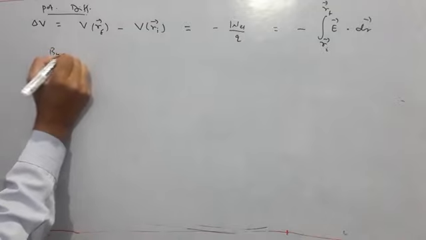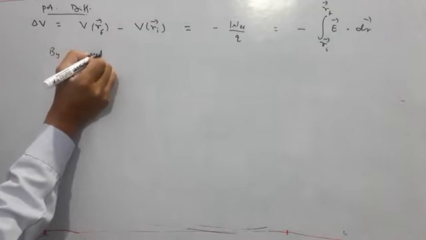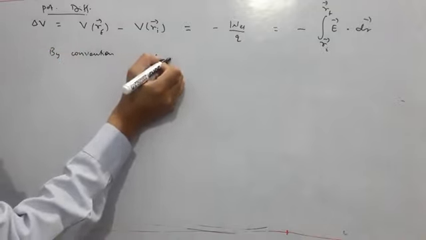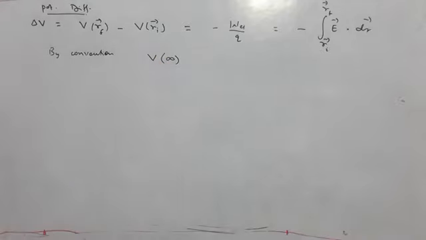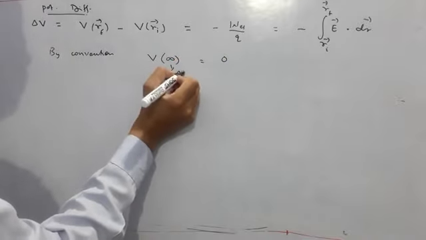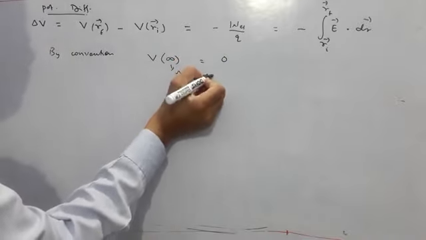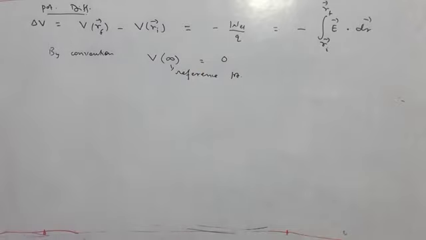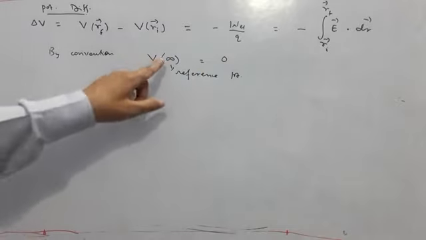One convention we shall use. By convention, potential at a point which is very, very far from charge configurations is taken to be 0. This is usually also called the reference point. It is chosen as 0.